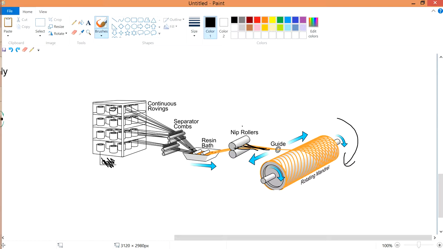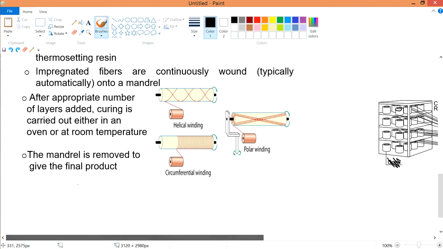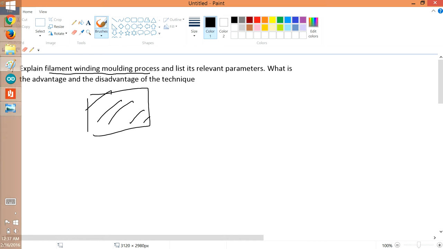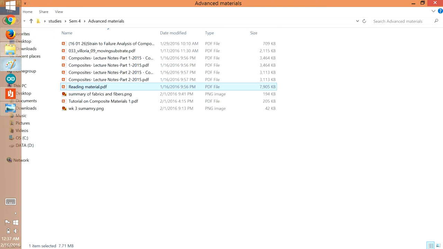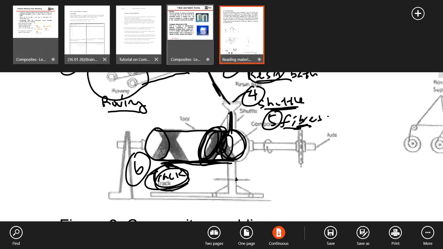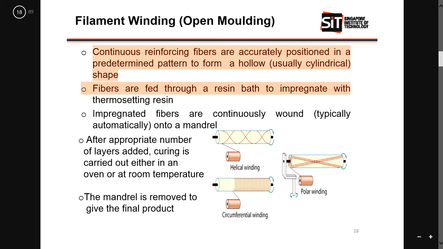So you're going to draw up the diagram, and that explains the filament winding process. Once you draw up the diagram, you're going to explain what the diagram shows, and this is what I'll just explain. But if you want to say in terms of what the actual thing is, then you can just read out this one.